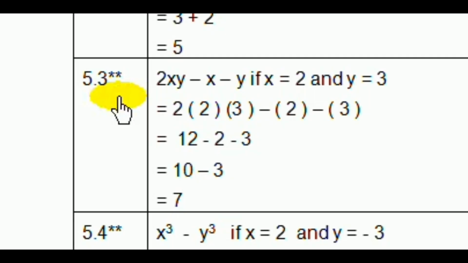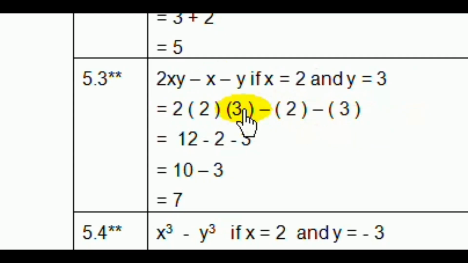At 5.3, I have x's and y's, and I've given you values for the x and for the y. So you have to substitute each variable with the value by putting them in brackets. There's the x in a bracket with a 2, the y in a bracket with that 3, then you have that minus, only the x in a bracket, substituting the 2 there, and then the 3 at the back, minus 3.